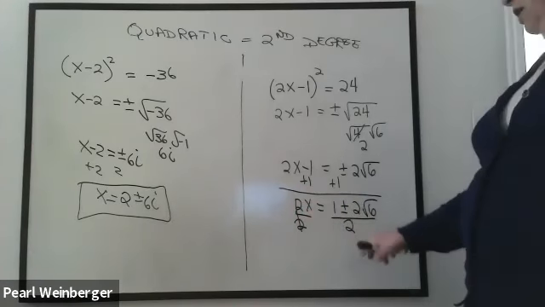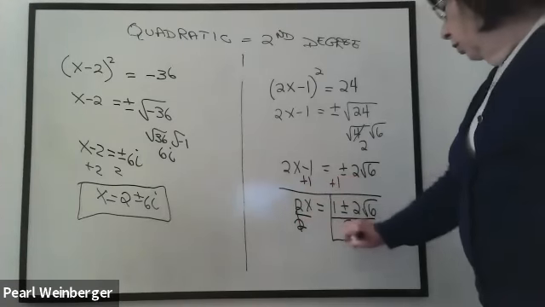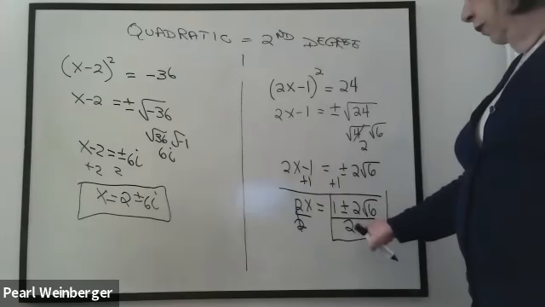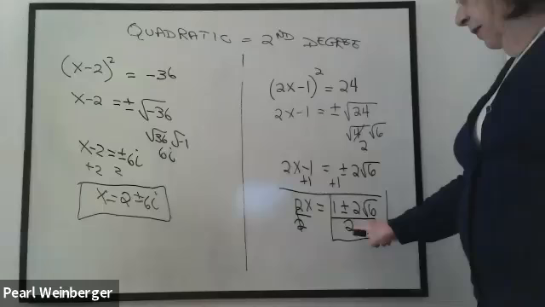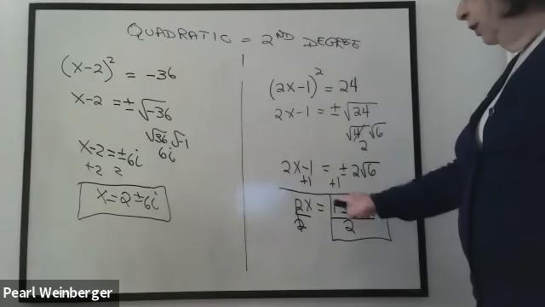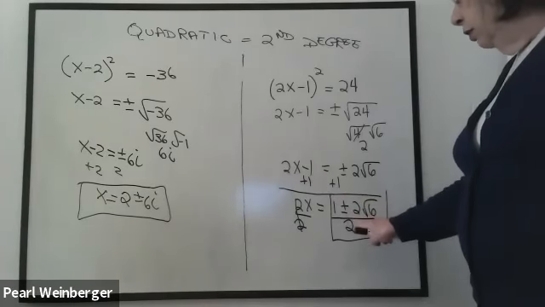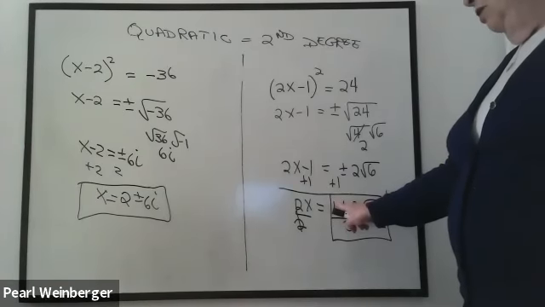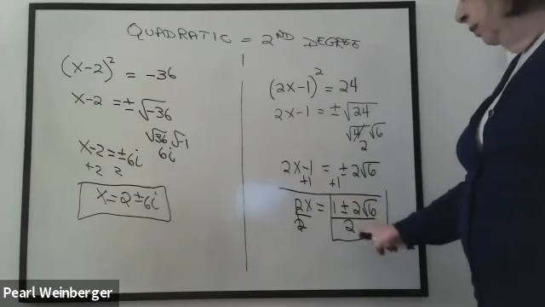And my final answer then becomes 1 plus or minus 2 radical 6 over 2. Now be careful. This 2 can't be reduced unless it can go into both terms. If this had been a number that's divisible by 2, I could have simplified this.